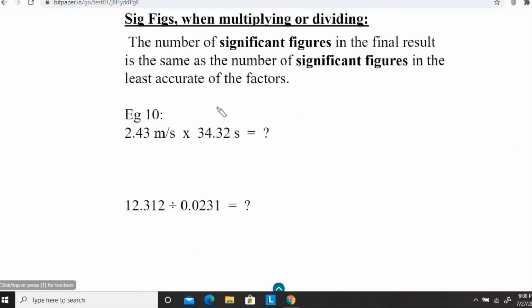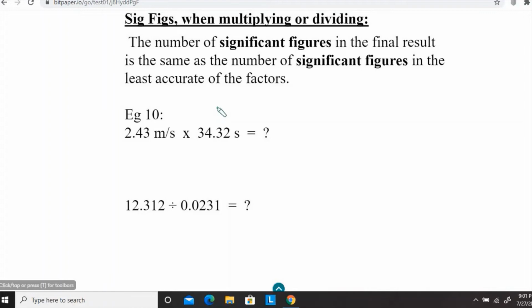When multiplying or dividing factors, that is numbers, instead of looking at decimal places, we look at significant figures. We look at the significant figures of the least accurate factor, and that's going to be the significant figures of the final result.